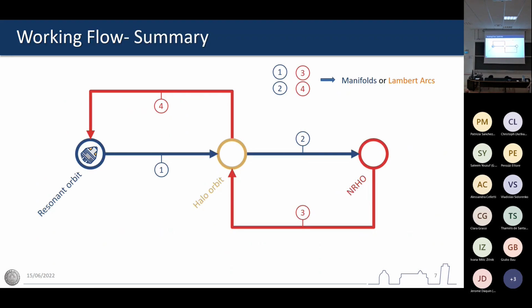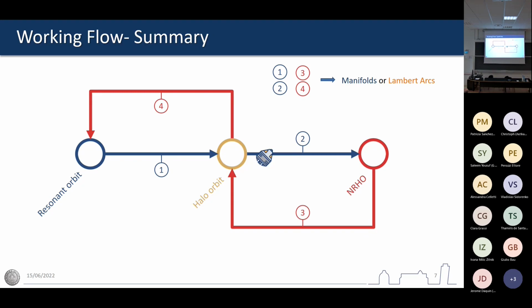This is just an intuitive way to give you an idea of the goal of the work. I have a spacecraft located on a resonant Earth-Moon orbit. It will go in the proximity of an intermediate halo orbit that, I'm anticipating, is a halo orbit around the Lagrangian point L1.